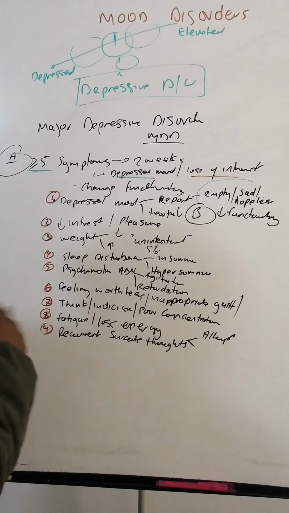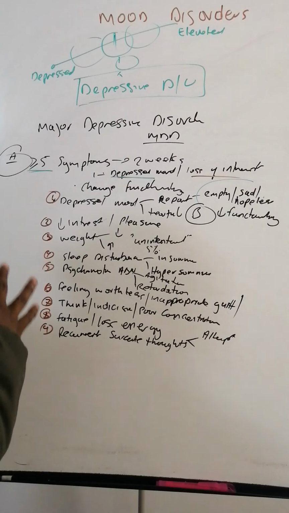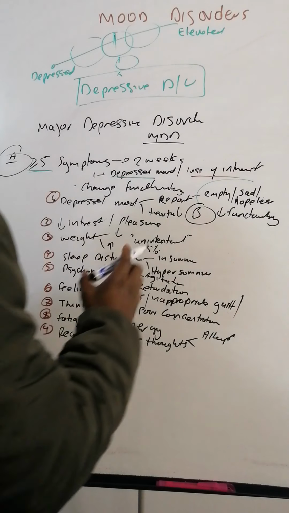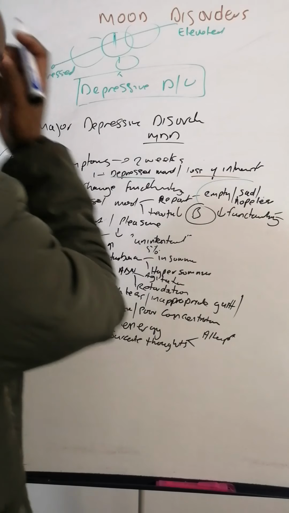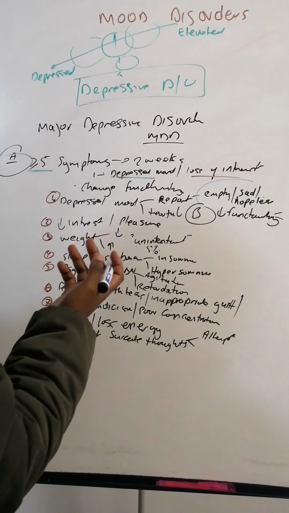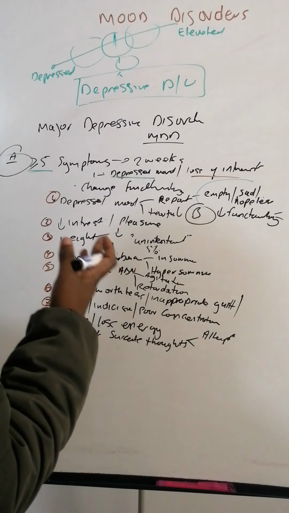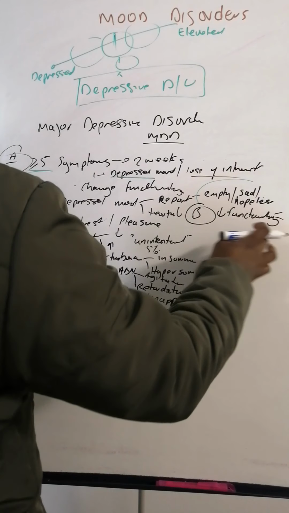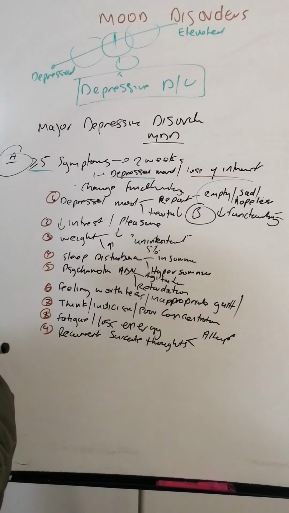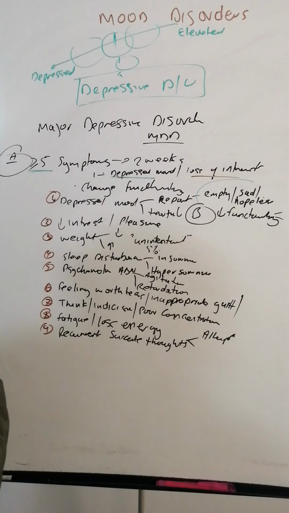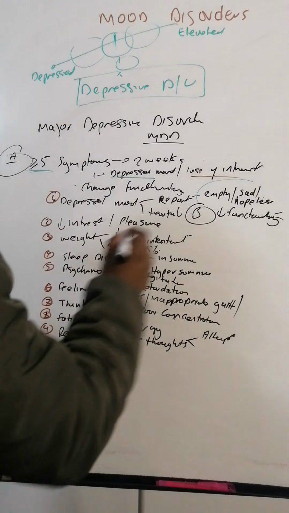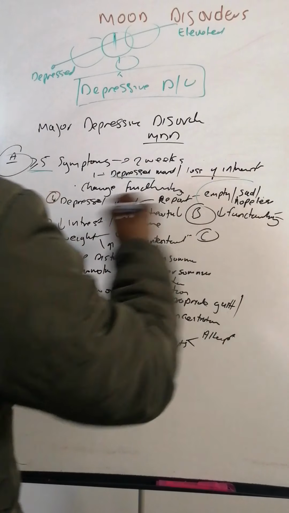So they don't think straight, they're indecisive, they're slow thinkers, and all of that. The areas that must be affected are academics, work, interpersonal relations, or any other major functional areas. So it can be at work, at school, or in interpersonal relations. That's B.